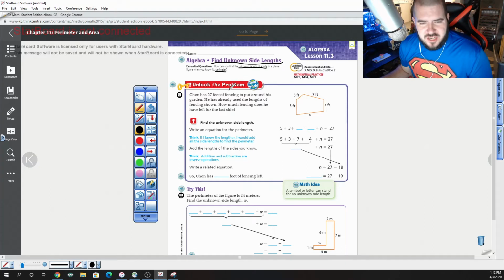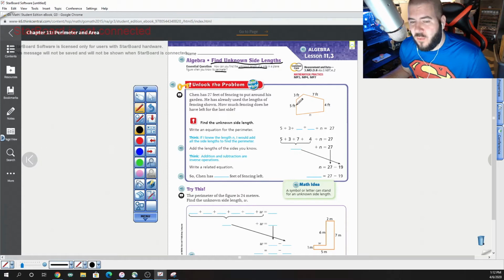So this question says that Chen has 27 feet of fencing to put around his garden. He has already used the lengths of the fencing shown. How much fencing does he have left for the last side? So this is Chen's garden right here.